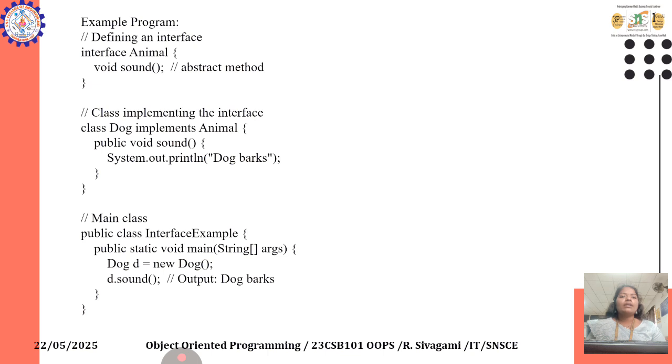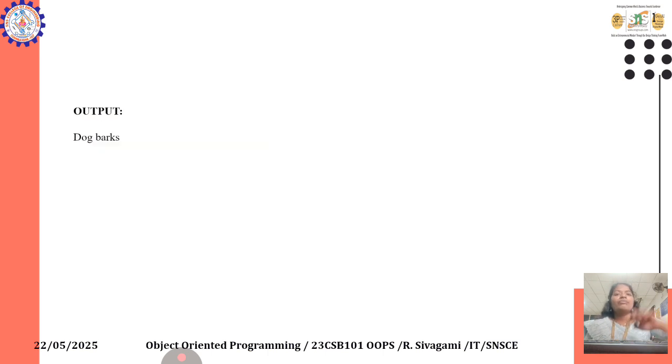Here I call the method sound: d is the object, dot is the dot operator, and sound is the method. The output of this method is Dog barks.